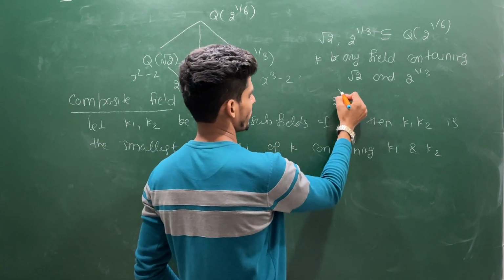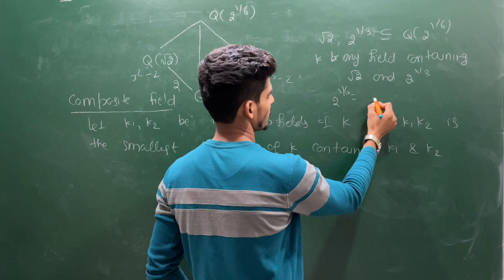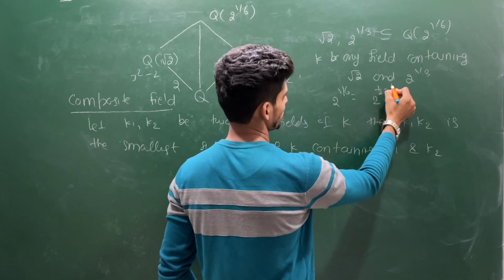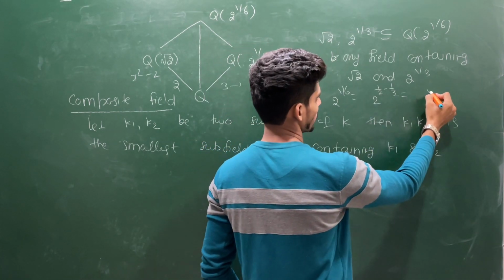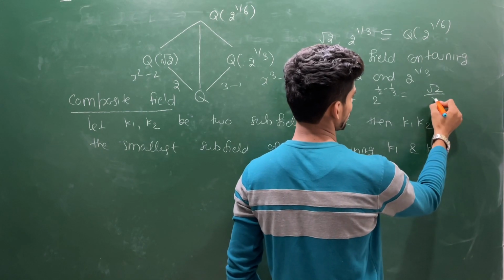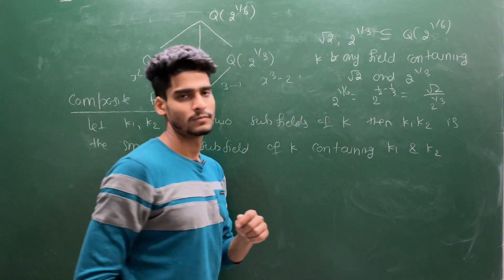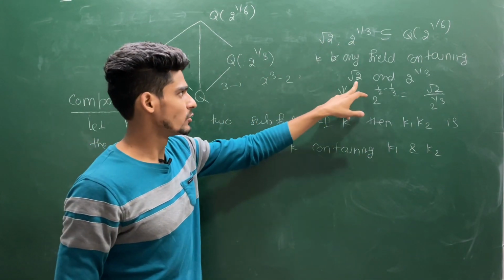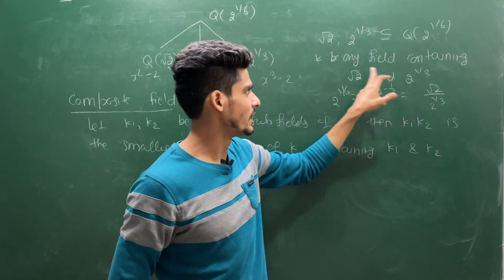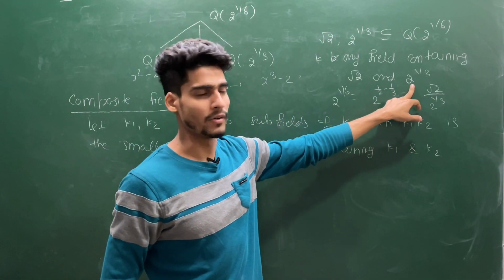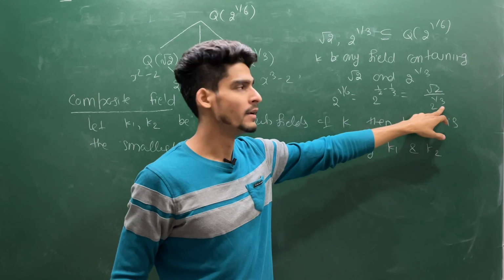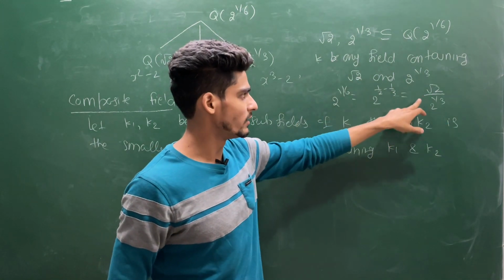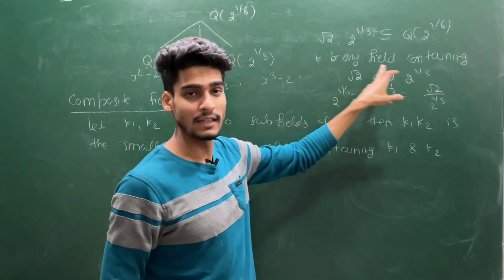Can I write 2 power 1 by 6 as 2 power 1 by 2 minus 1 by 3, or root 2 upon 2 power 1 by 3? I can write this. If it contains root 2 and 2 power 1 by 3, definitely it contains the inverse of 2 power 1 by 3, that is 1 upon 2 power 1 by 3. If it contains root 2 and 1 upon 2 power 1 by 3, then it must contain their product.